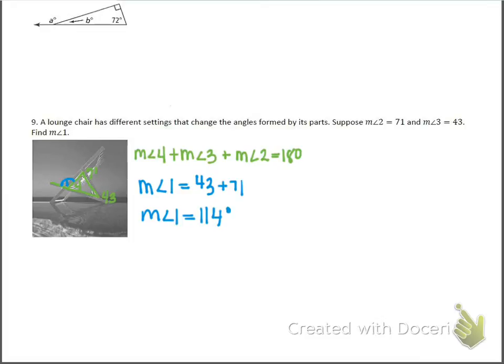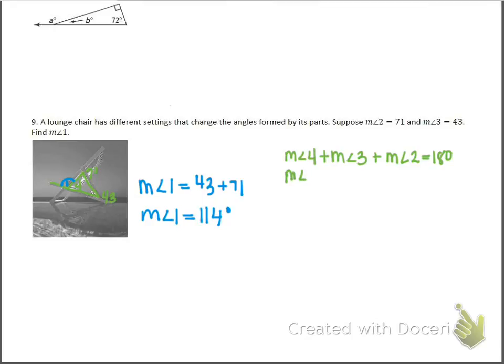Yes. So Dennis's way, let me move it over so I can show you what he had on his paper. What he did is he did measure of angle 4 plus 43 plus 71 equals 180. So measure of angle 4 plus 114 equals 180.